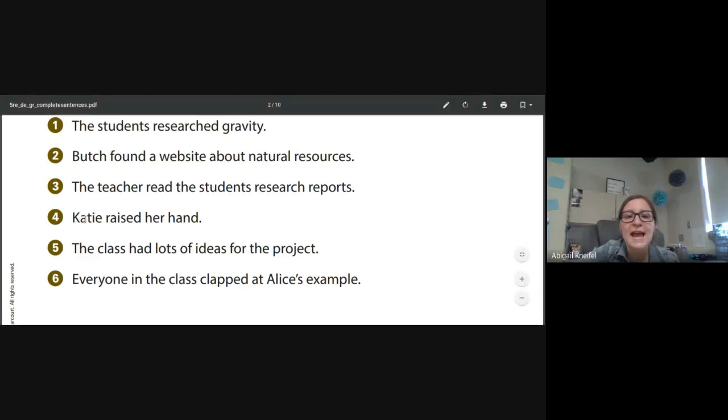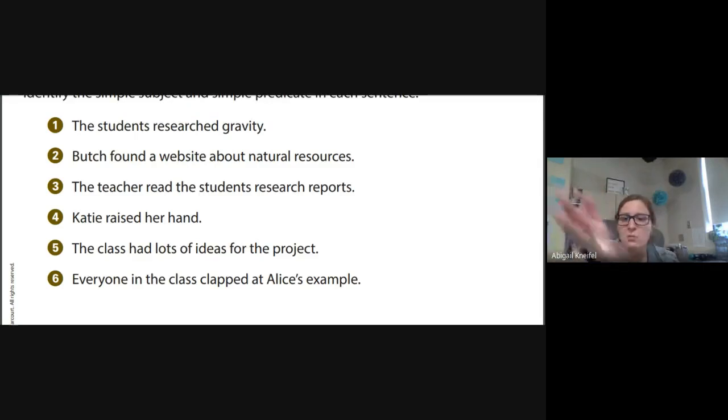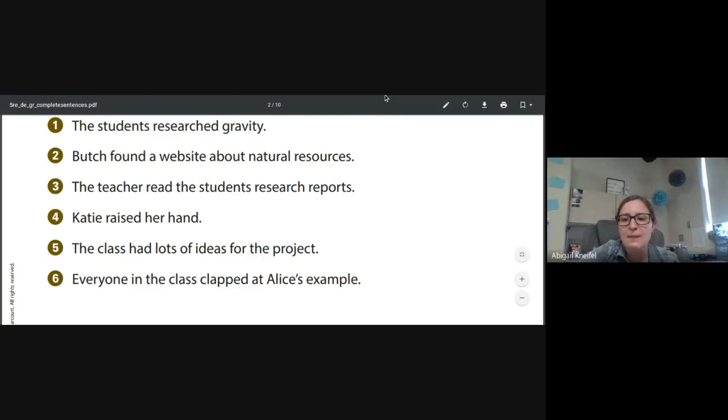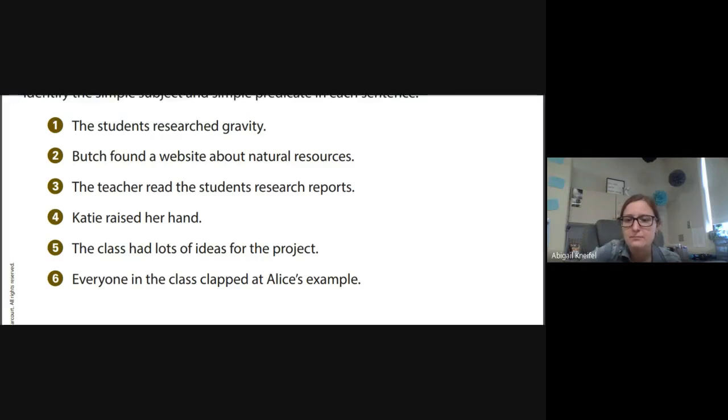Next one. Katie raised her hand. Who's it about, the subject, and what's the predicate? What are they doing? Number four. S and P in the chat, please. Good job, Isla. Isaac, you're correct on the subject.